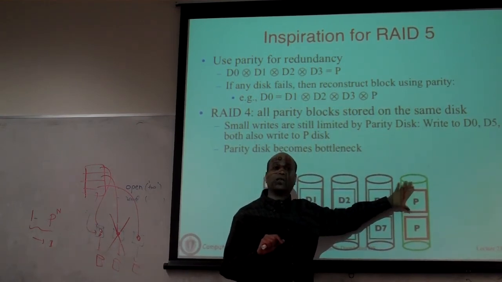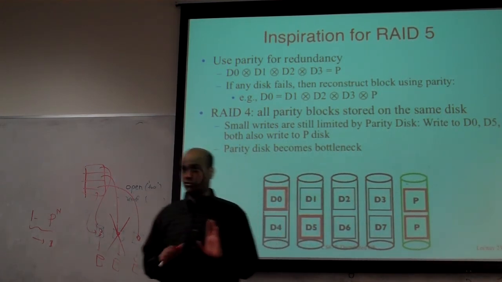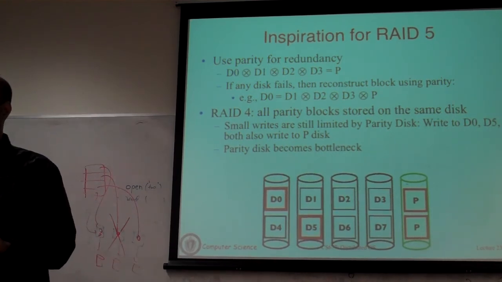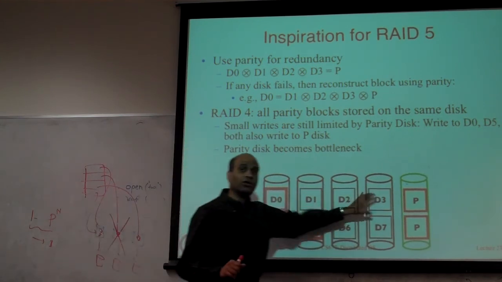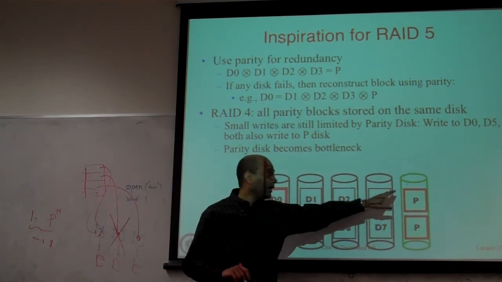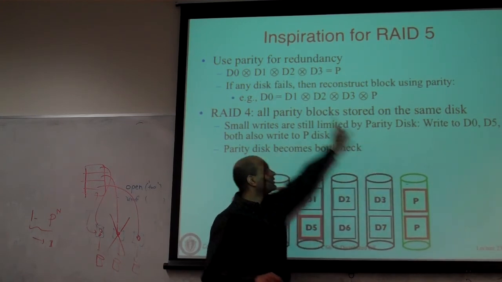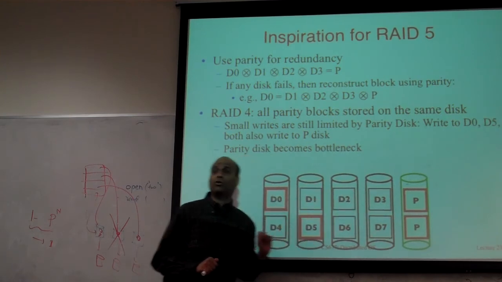This parity block allows you to reconstruct any data that may be lost if any of these disks fails. The way you compute parity is using a simple XOR operation. You take each of these blocks and XOR them, and the result is the parity. So the XOR of D0, D1, D2 and D3 is the parity that you are going to store.